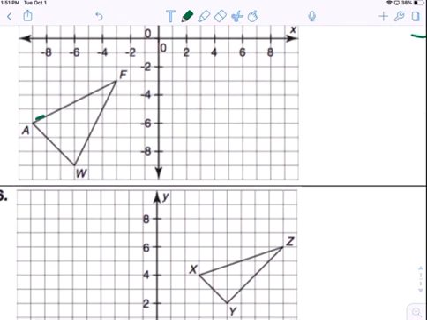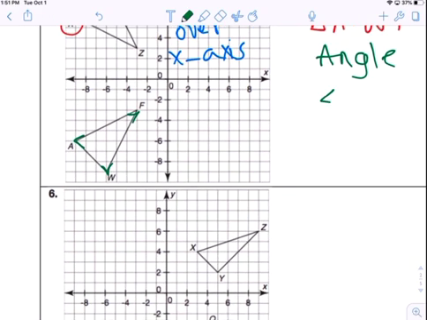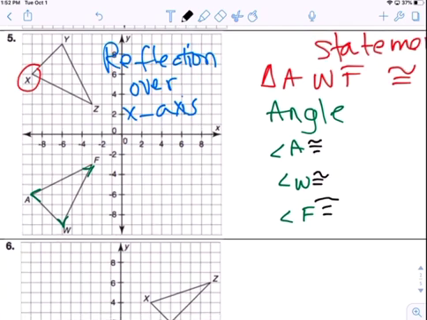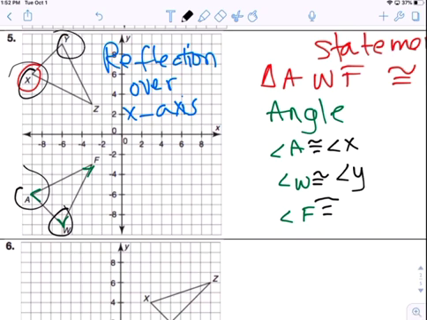Angle A, angle W, and angle F are congruent to: angle A is angle X, angle W is angle Y, and the last angle is angle Z.